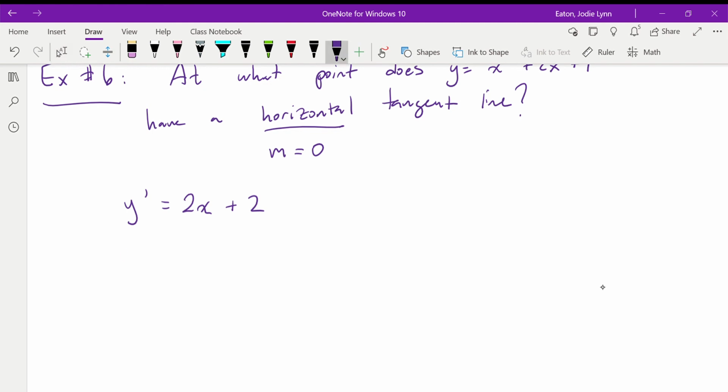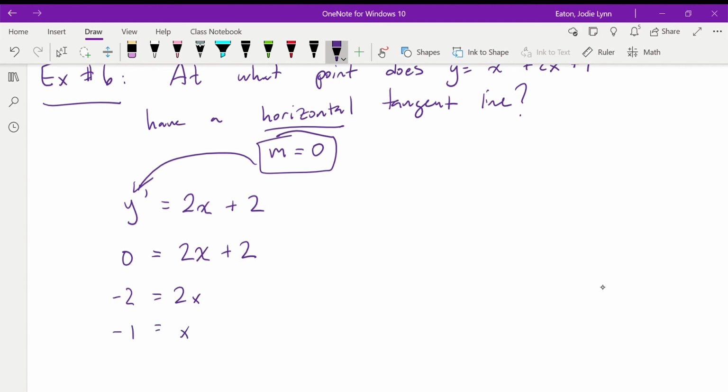So we're going to plug in 0 for y prime, because when m equals 0, that means y prime is equal to 0, because y prime gives us the slope at any x value. So we have 0 equals 2x plus 2, negative 2 equals 2x, so x equals minus 1.